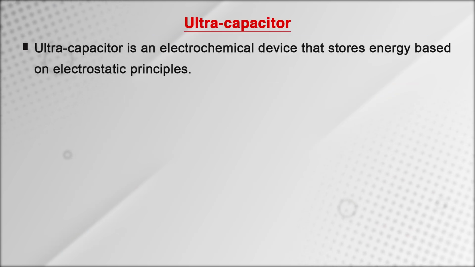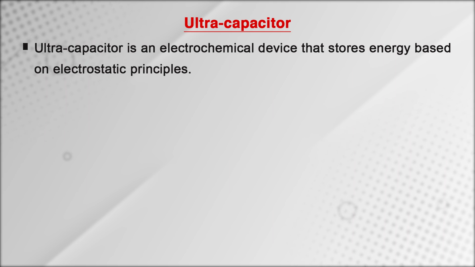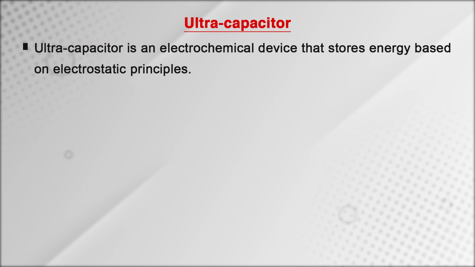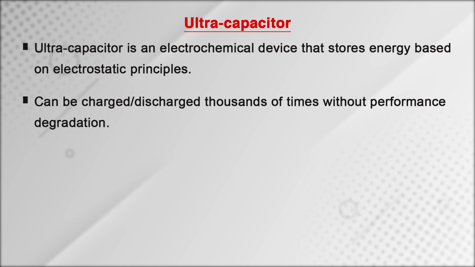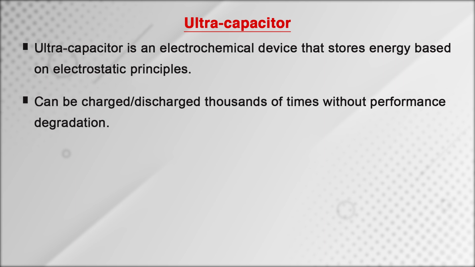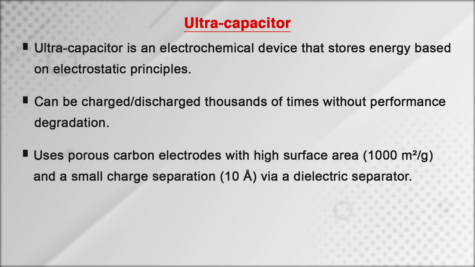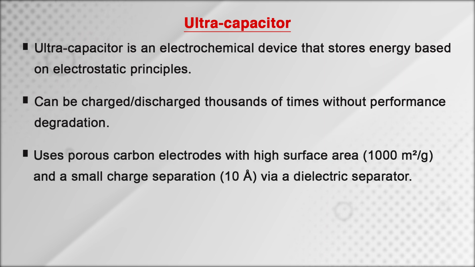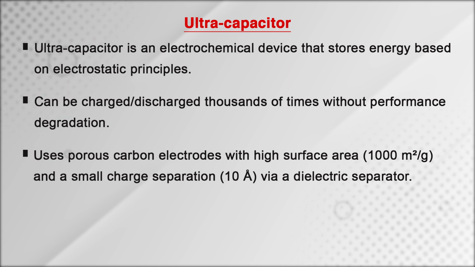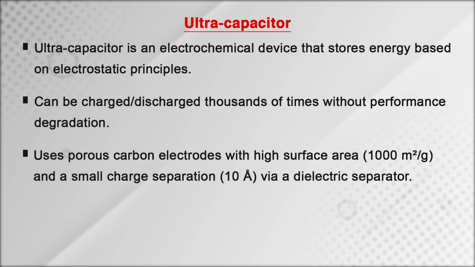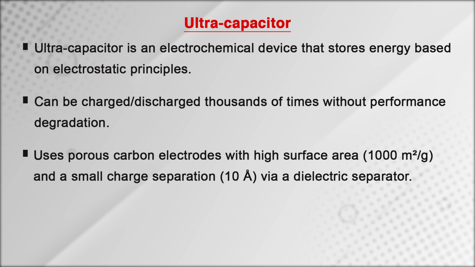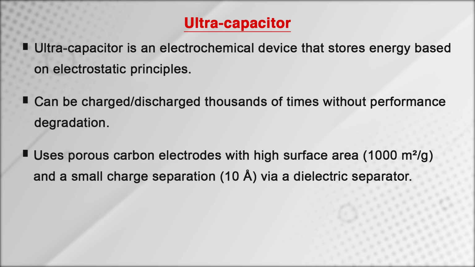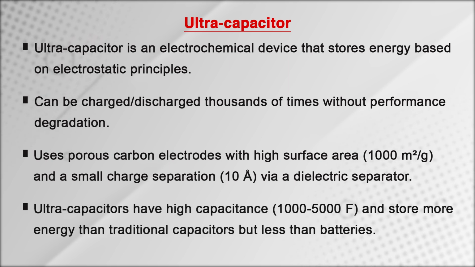Another component is the ultra capacitor. An ultra capacitor is an electrochemical device which works on the electrostatic principle to store energy. Therefore, it can be charged and discharged hundreds and thousands of times without degrading performance. Basically, in an ultra capacitor, porous carbon electrodes which offer high surface area are impregnated with electrolyte, and a small charge separation is created by the dielectric separator between these electrodes.